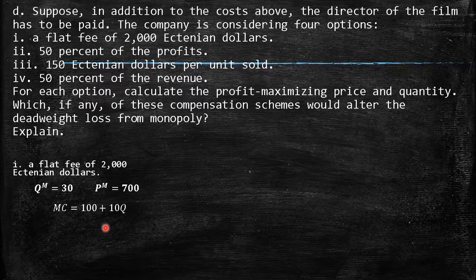So here we have the monopoly's quantity, and here the price. Here we have the marginal cost, and here we assume that the fixed cost is equal to 0. Why? Because when we convert this one, we can say that this one is 100Q plus 10Q squared, and when we derive this part, we should land on this one.